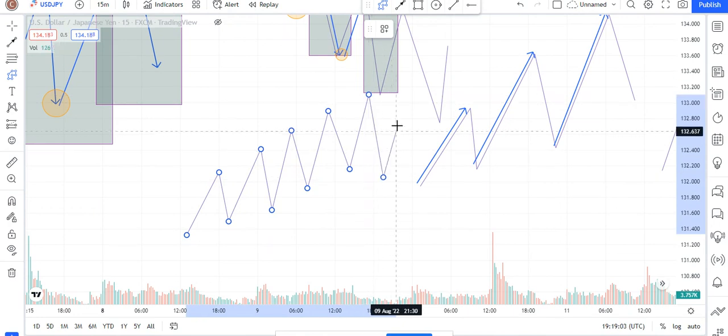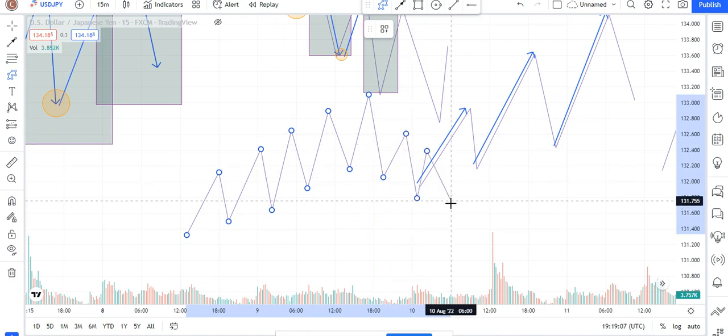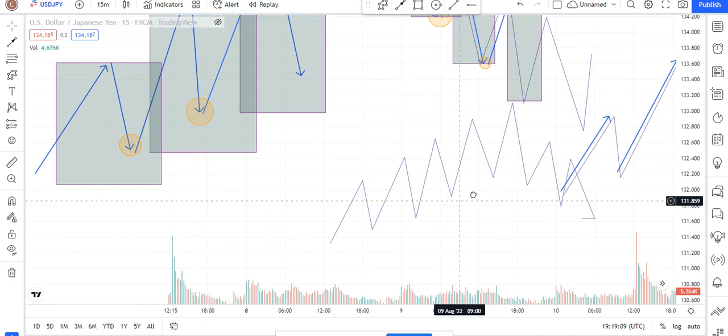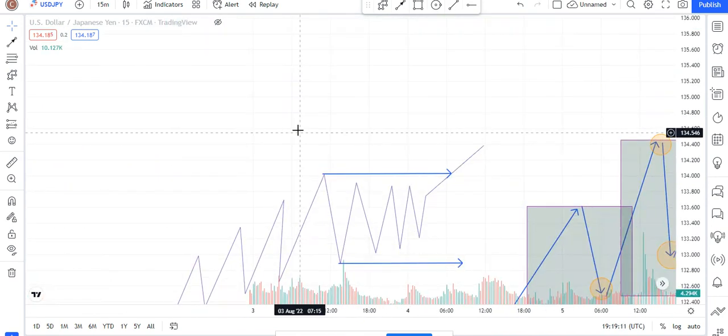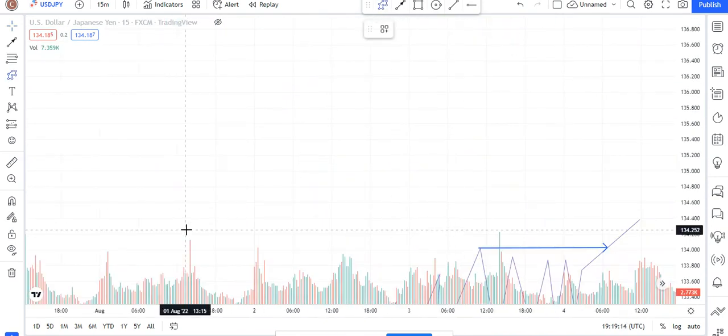Then we know that this uptrend has been paused for some time. So that's how the market moves. So in an uptrend, we have a series of higher highs and higher lows. So this is an uptrend.